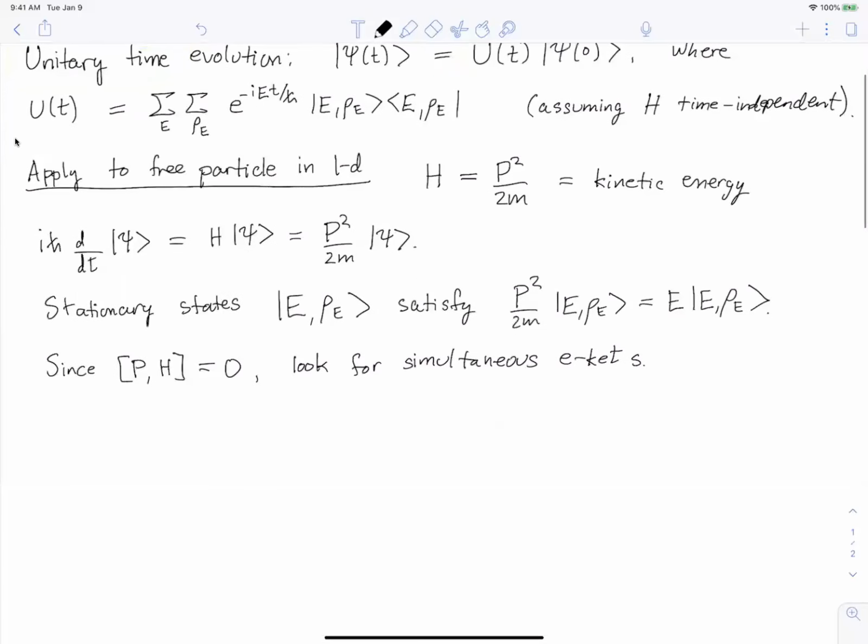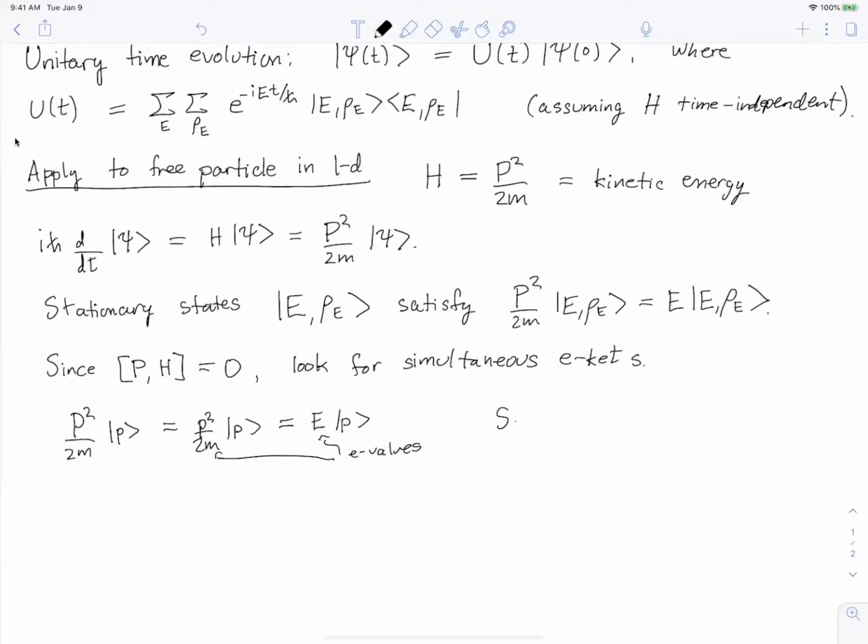So if we think about acting with p squared over 2m, the energy operator, on a momentum eigenket, that's just going to be the number p squared over 2m acting on the momentum eigenket, which is equal to the energy acting on the momentum eigenket. So these are the eigenvalues that have to be equal.